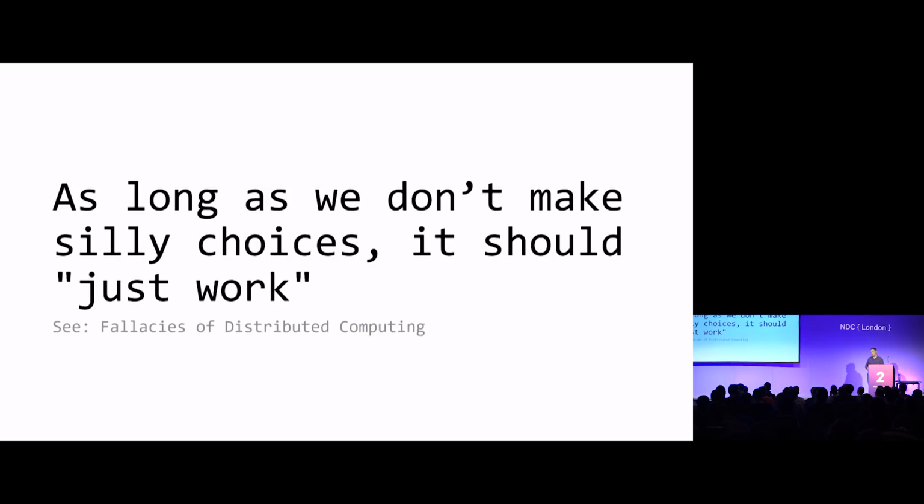And as long as we don't make silly or stupid choices where we ignore the fallacies of distributed computing, then everything should just hopefully work. As long as we don't pretend like the speed of light is zero or there's not actually any distance on the Earth between Hong Kong and the US, we should be able to make good choices about how we build these distributed systems.